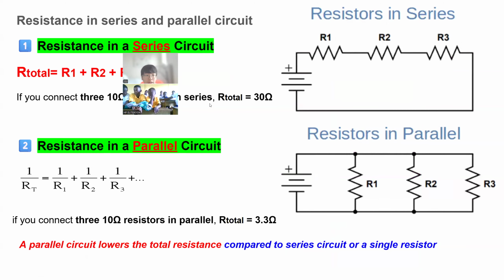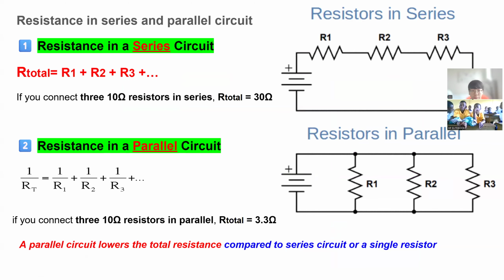Let's look at this next topic, which is the resistance in series and parallel circuits. This is the placement of resistors. Depending on the placement of the resistor, it can either increase or decrease the total resistance.